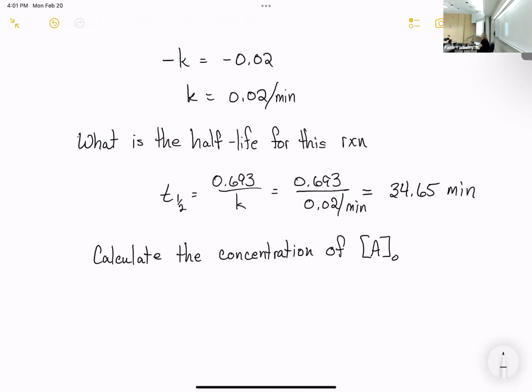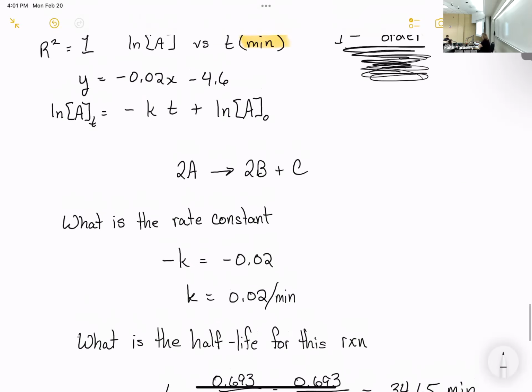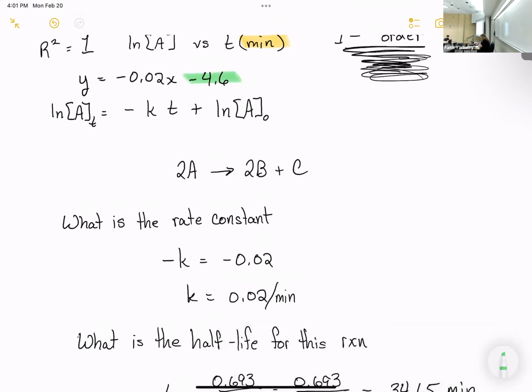The original concentration. Well, what do we know? We know -0.46 is equal to a positive natural log of A naught.